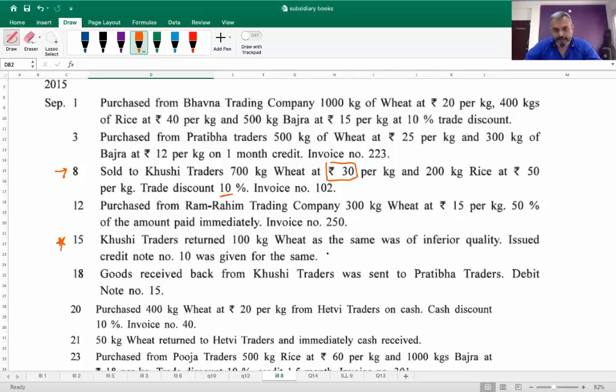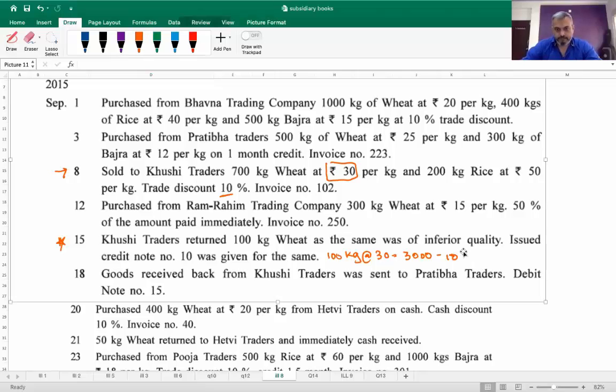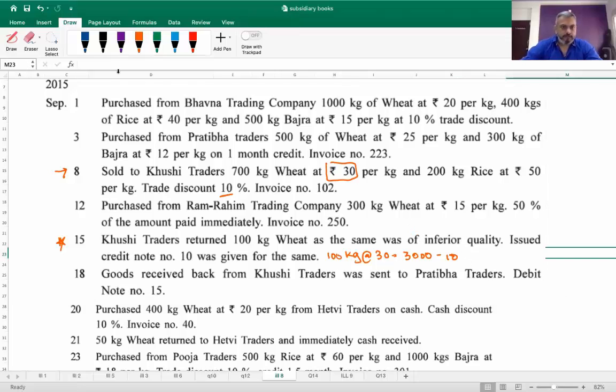For this return you have to calculate 100 kg at the rate rupees 30 per kg, which comes to 3000 minus 10%, which is equal to 2700.